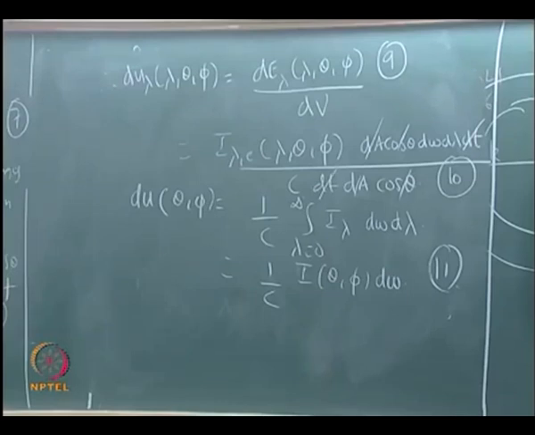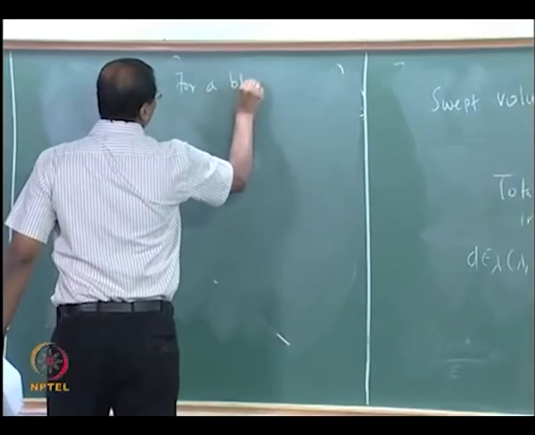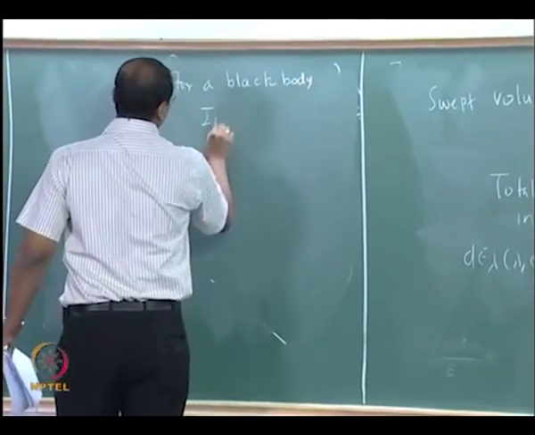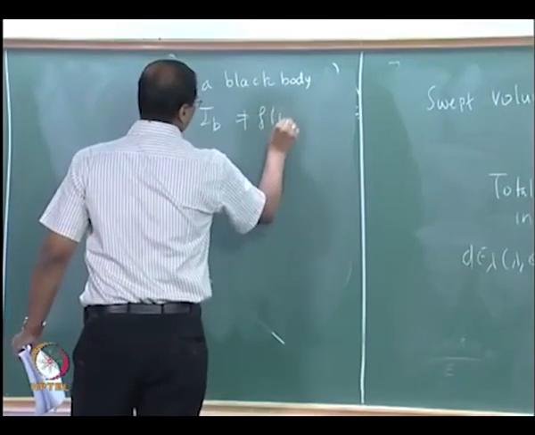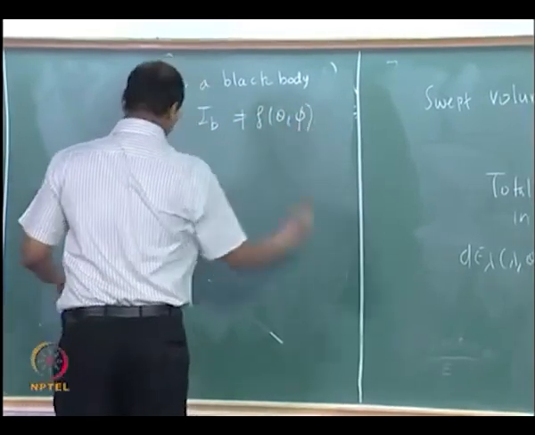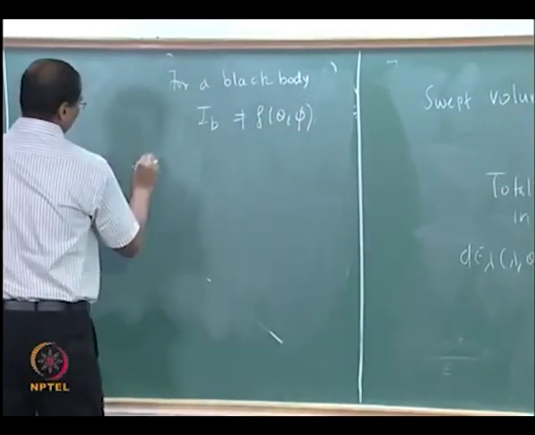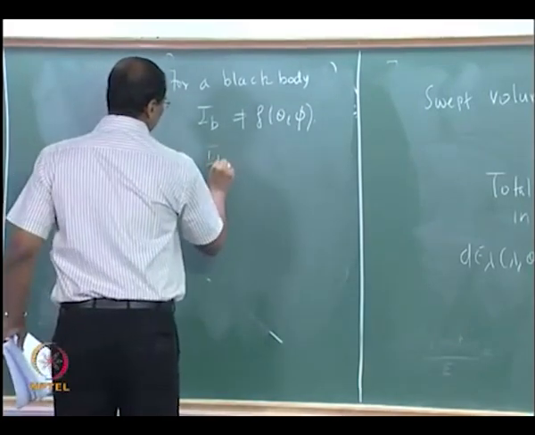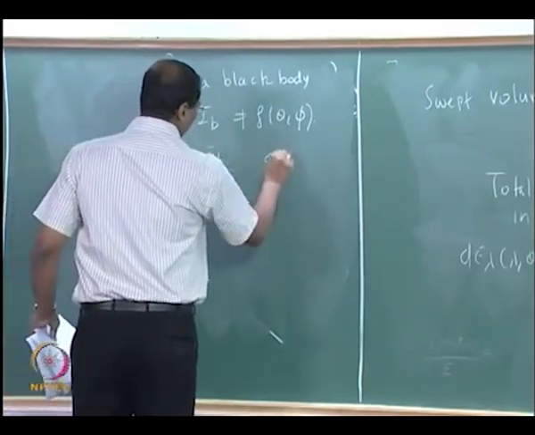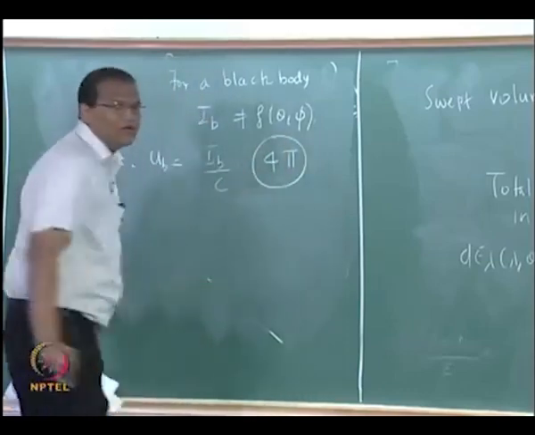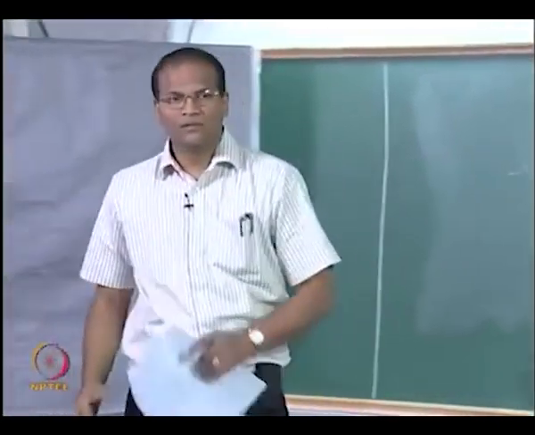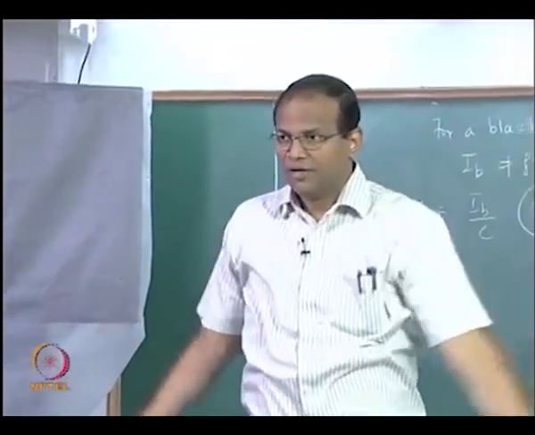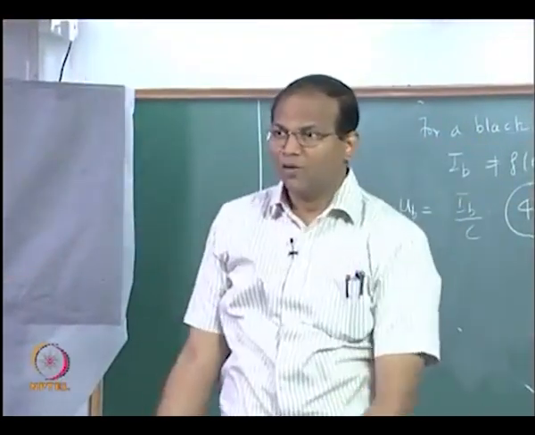For a black body, watch out, I use 4 pi because I am not looking at a surface, I am looking at it can receive radiation from all over the place.